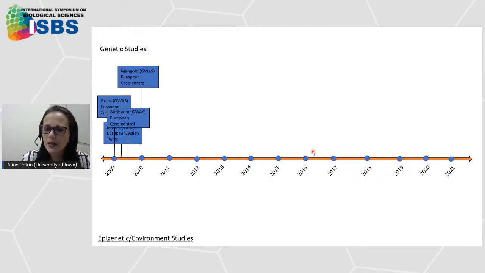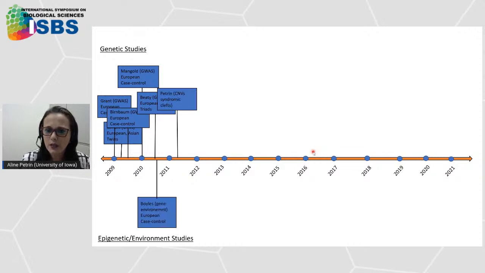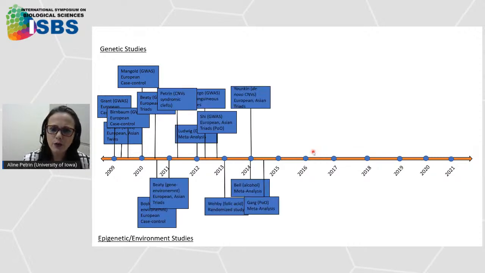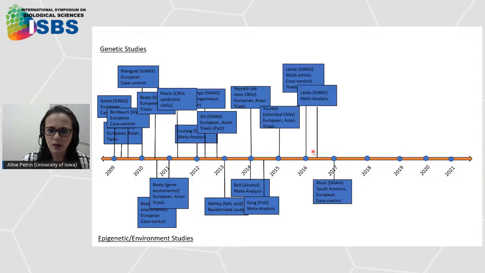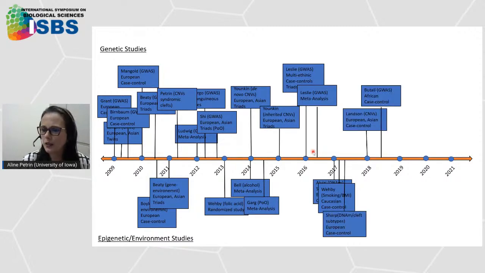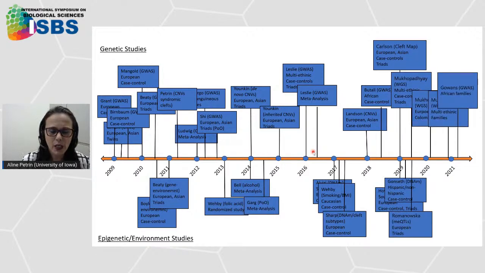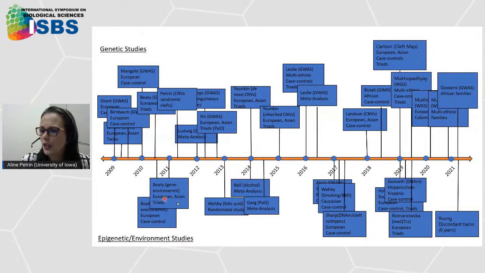I created this timeline just to give you an idea of the most impactful genome-wide studies that have been done in the past few years. And as you can imagine, there's a lot of money, time, and resources invested in here. In this top part, I have the genetic studies, and down here I have the epigenetic and environmental studies.